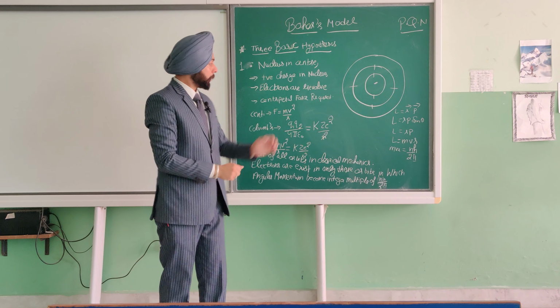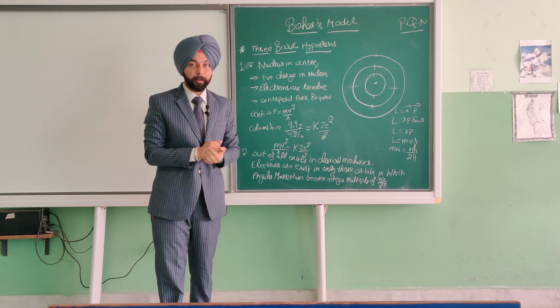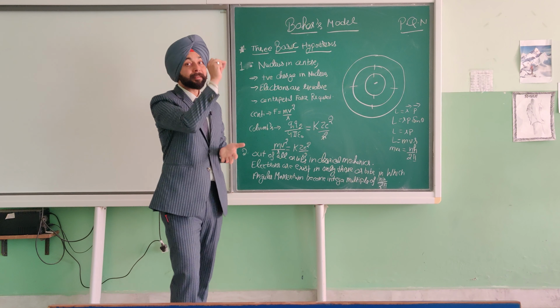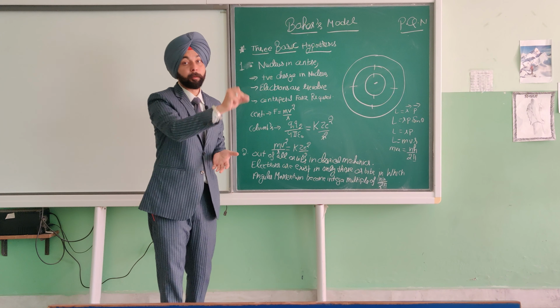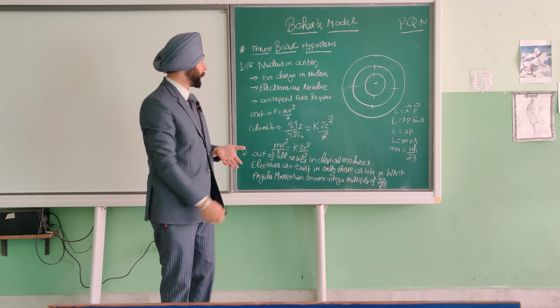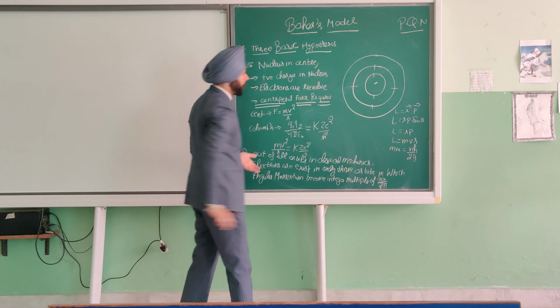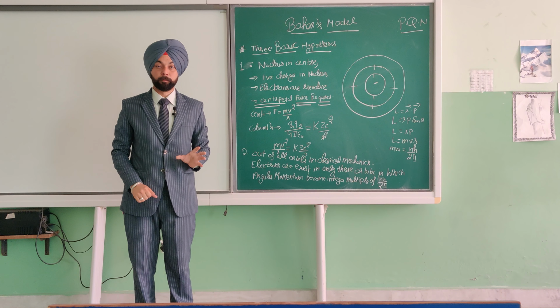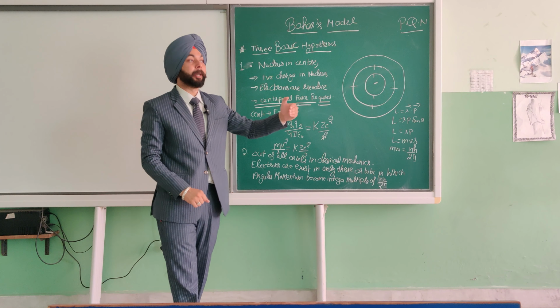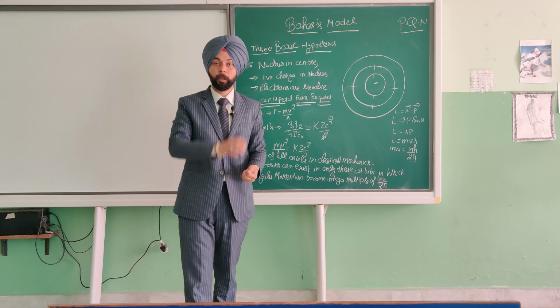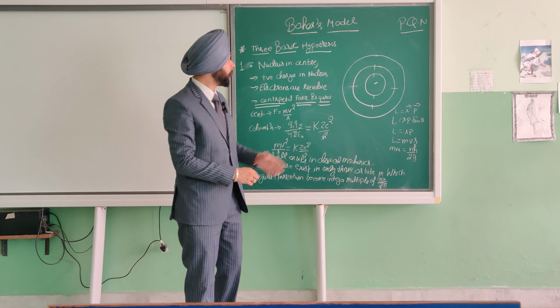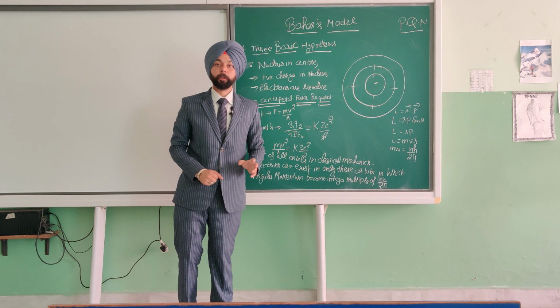If electrons revolve in a circular orbit, a centripetal force is required for the revolution, which is provided by the electrostatic force of attraction between the electrons and the nucleus.